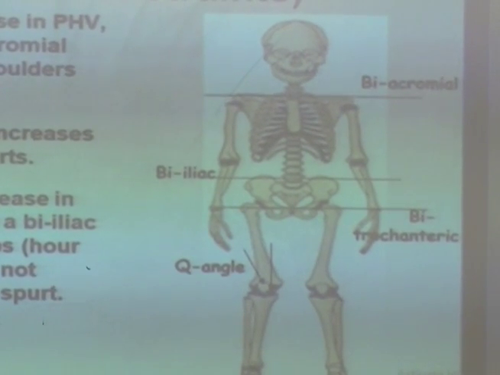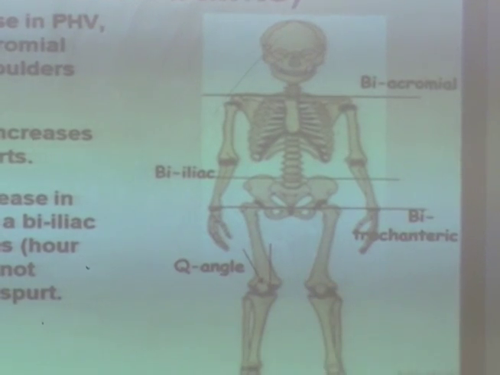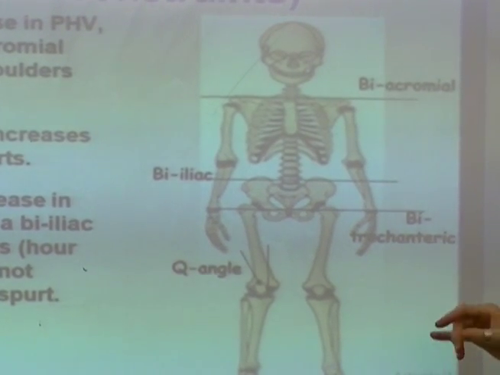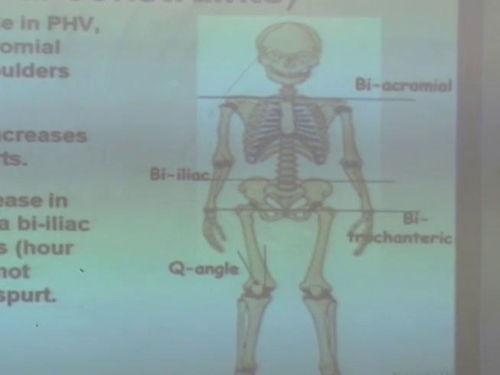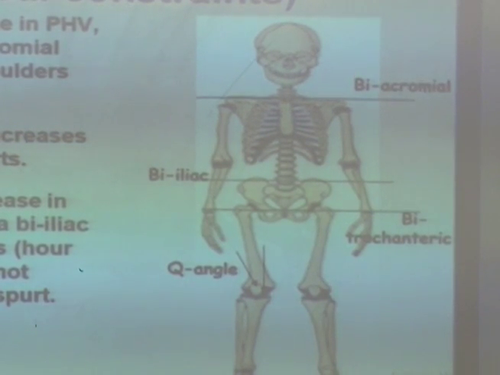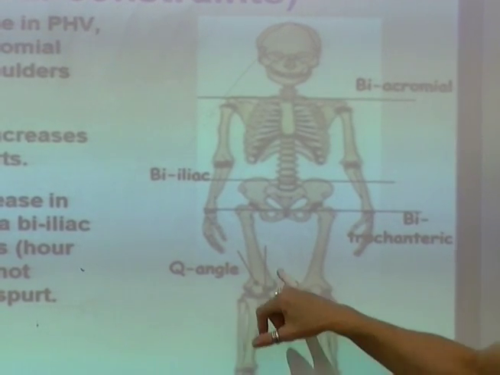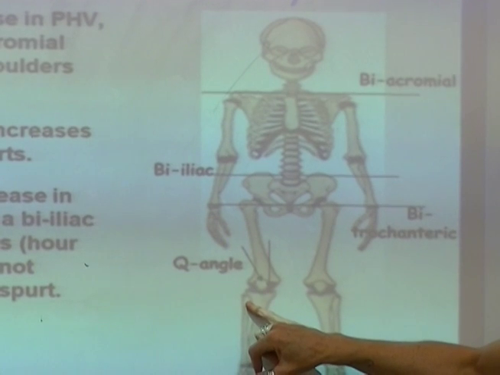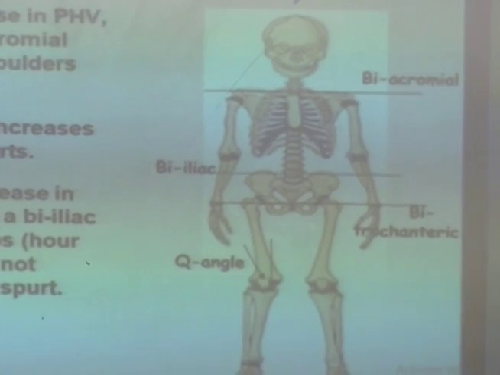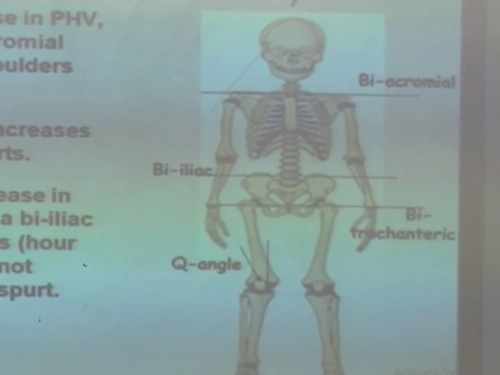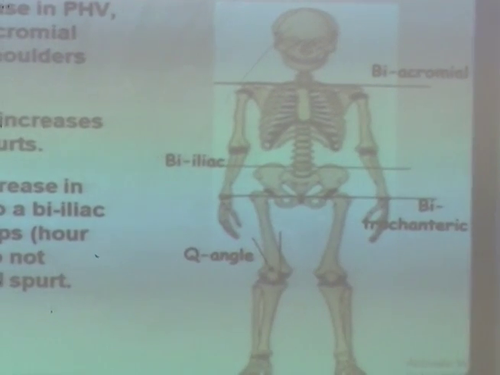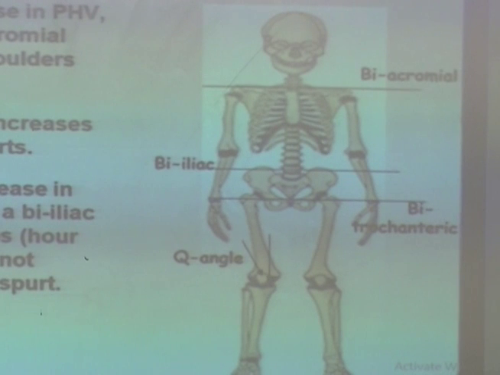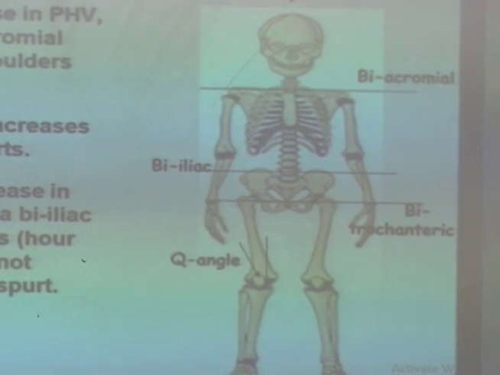The Q angle is one of the reasons, there are several, and there's a lot of research into knee injuries in female athletes, particularly basketball players and soccer players. They get a lot of knee injuries. One of the reasons girls get more knee injuries than male basketball and soccer players is Q angle. It's not the only reason, but it is one of them.